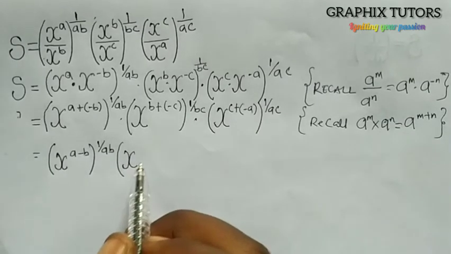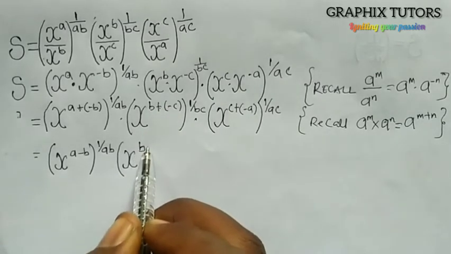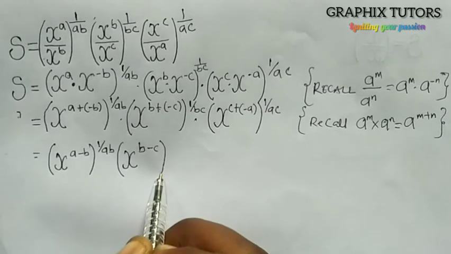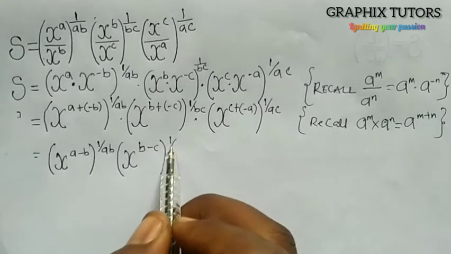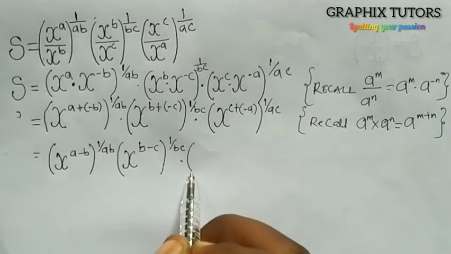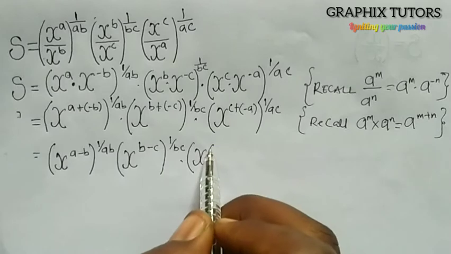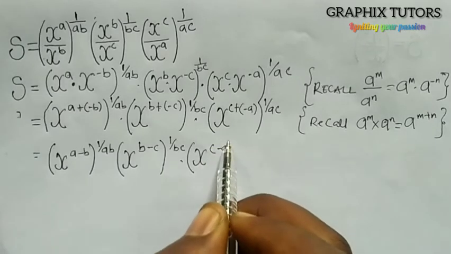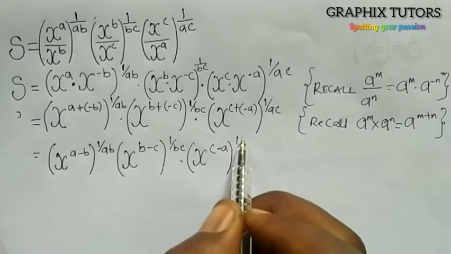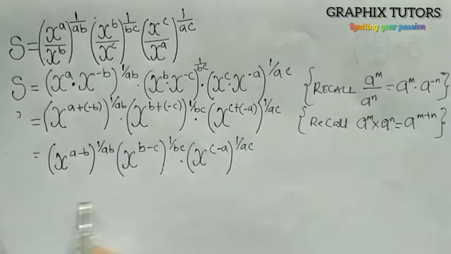Now if I add these two, plus times minus will give you minus, I'll be having b minus c. Close it up. I have 1 over bc multiplied by the next one, I have x. We have c minus a. Close it up. We have 1 over ac, because plus times minus is minus. That's what I'm having.